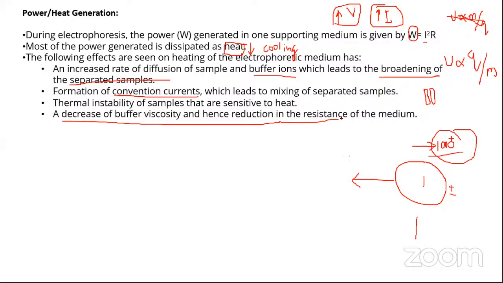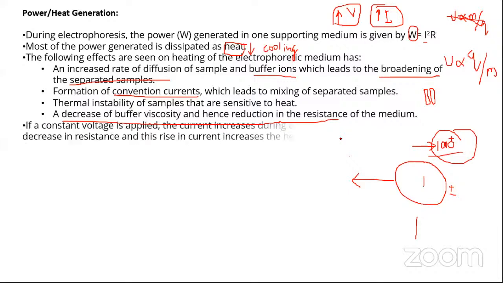So that is how you minimize the generation of heat, and on that basis, you carry out a better separation. One thing that you have to be very certain about is that when you increase the voltage, you have to keep the current constant and not allow the rise in temperature.